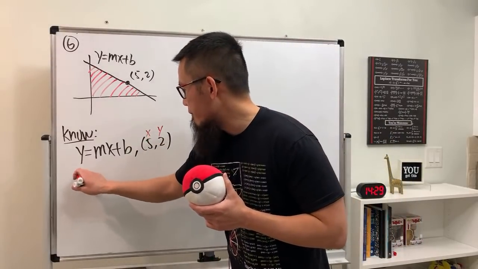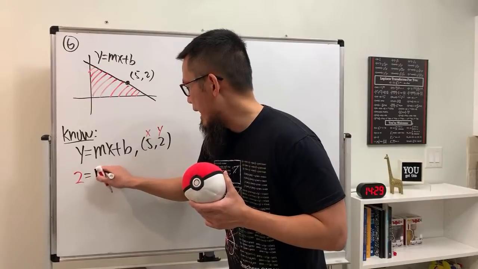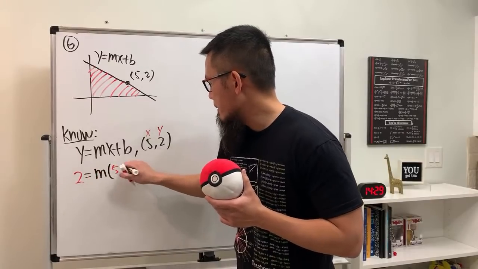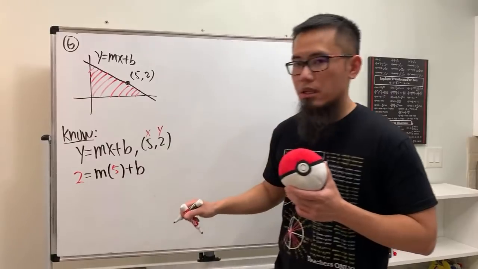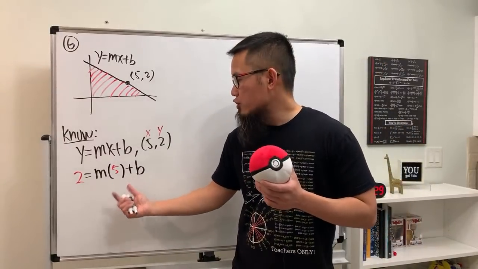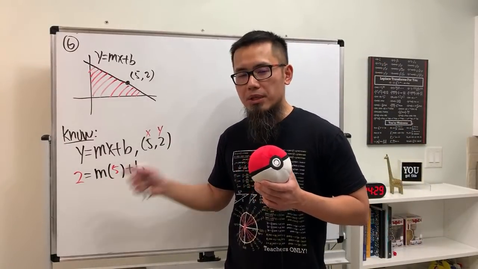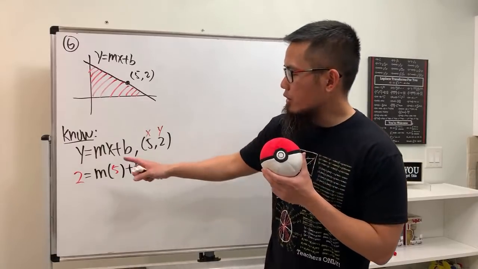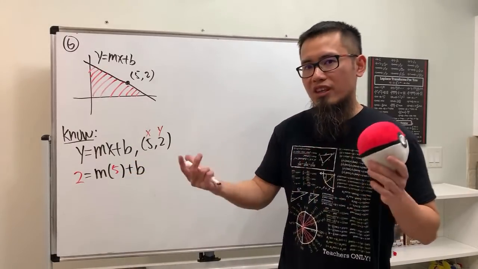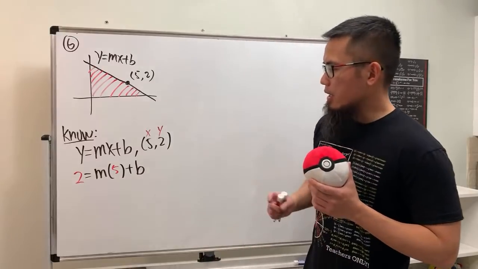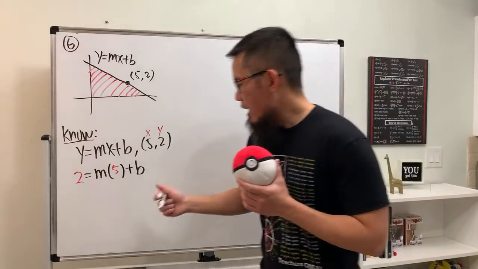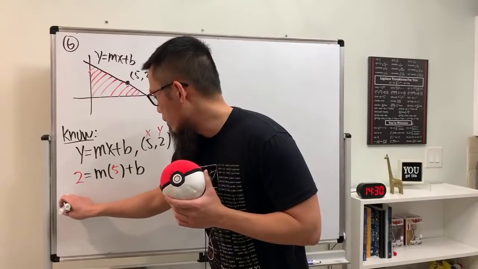That means we must have 2 is equal to m times 5 plus b, and this gives us a relationship between m and b. Because as long as we know the m and b values, we can get the equation of the line. Okay, pretty good.